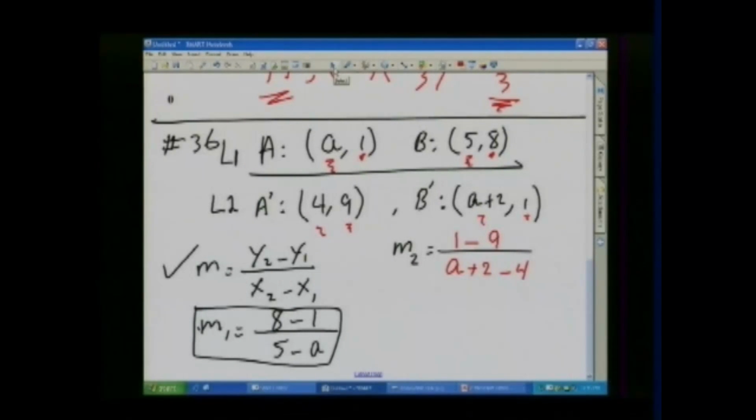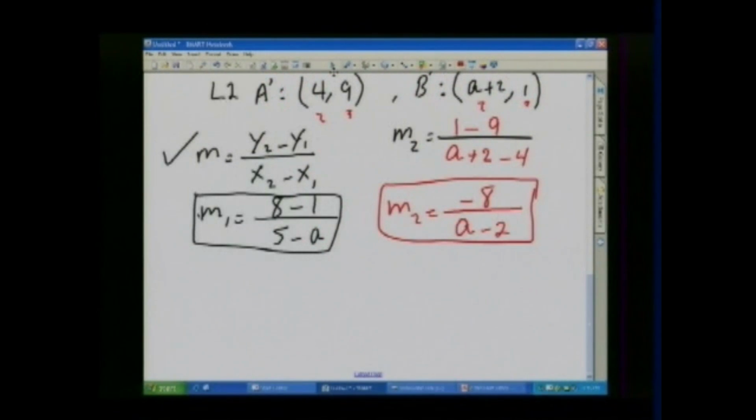I can simplify this and write this m2 as minus 8 divided by a minus 2. And of course here 8 minus 1 is 7. Since the problem says the two line 1 and line 2 are parallel, that means the slopes are equal. So m1 is equal to m2.